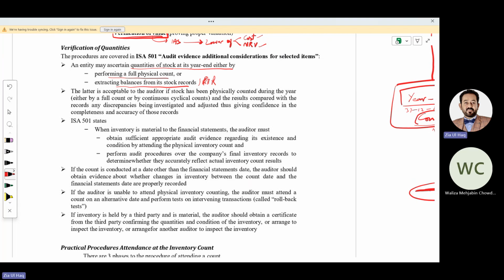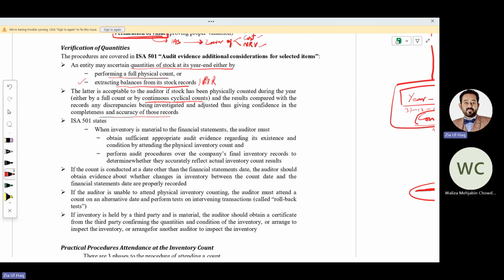The latter is acceptable to the auditor if stock has been physically counted during the year through cyclical count, meaning continuously on a monthly basis, and the results compared with the records and discrepancies investigated and adjusted, thus giving confidence in the accuracy of those records. Meaning if inventory controls are strong during the year, we can even satisfy ourselves by copying the balance from PIR to the balance sheet.